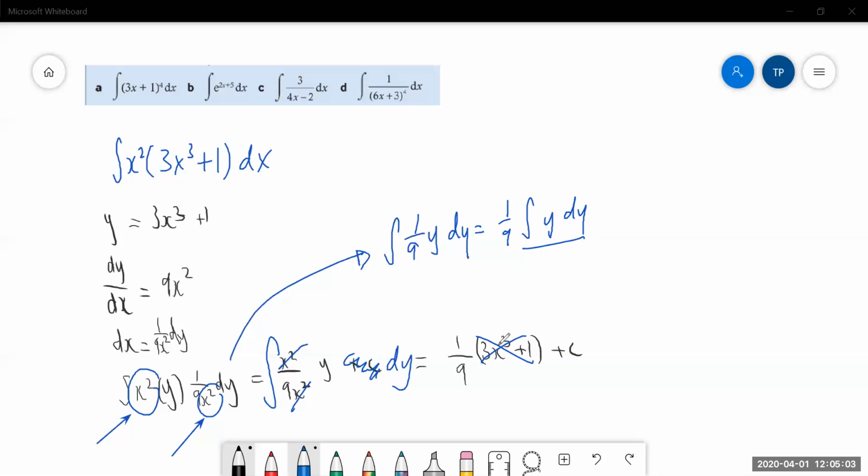Yes, correct. So first you take the constants out. You always take constants out. First you combine the constants and then you take it out. Then you integrate the y.